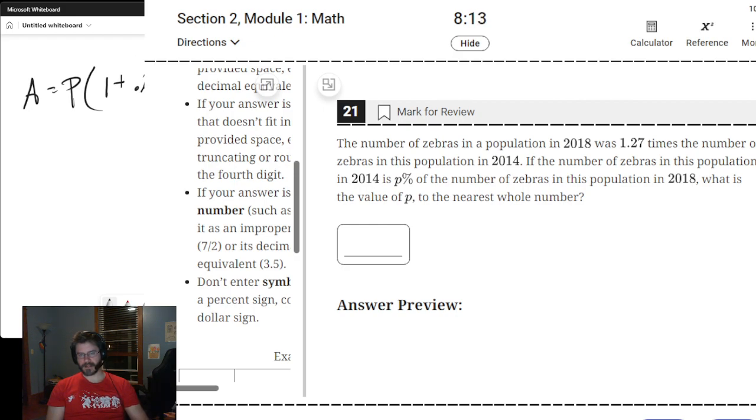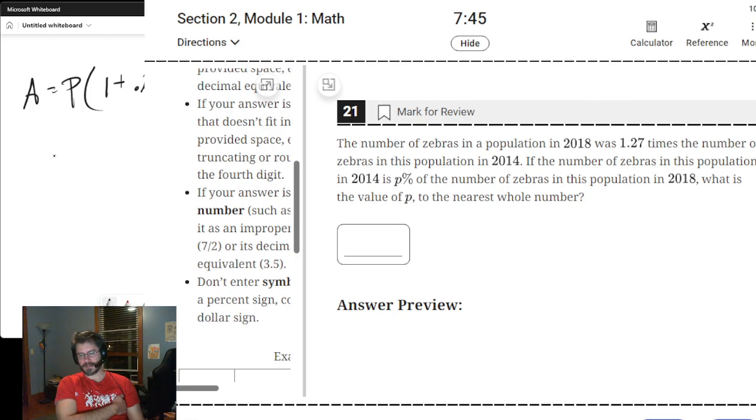It's 1.27. And it was 4 years later. P%, what is the value of P? If the number of zebras in the population is P%, the number in 2014 is P% of the number. Okay, the wording here is really what they're testing us on. So we got to be careful with it.